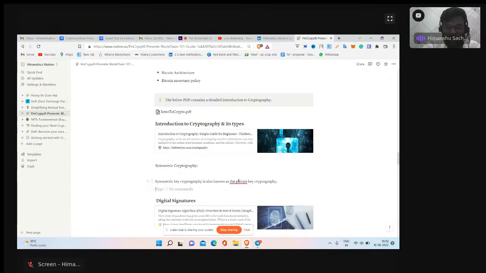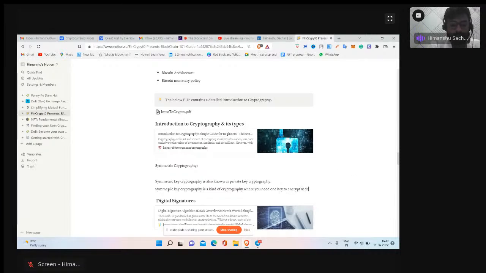So if somebody asks you what is symmetric key cryptography, you can easily tell them that symmetric key cryptography is a kind of cryptography where you need one key to lock or unlock, which means one key to encrypt and decrypt the message.